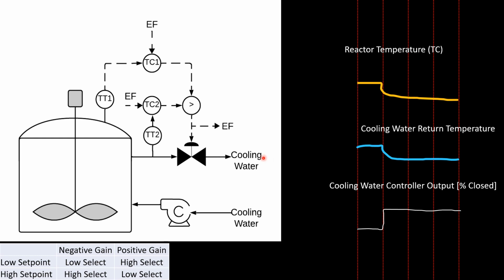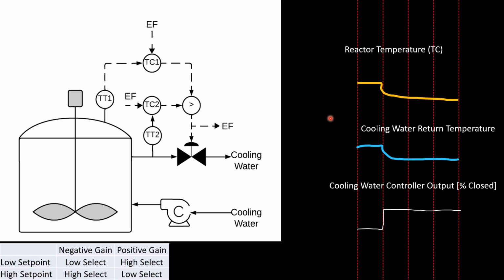As you increase the controller output of this cooling water valve, you would decrease reactor temperature as well as cooling water return temperature. In this example, reactor temperature is your normal operating control variable, while cooling water return temperature is your abnormal operating control variable. Your cooling water valve is the manipulated variable used to control both these controlled variables.